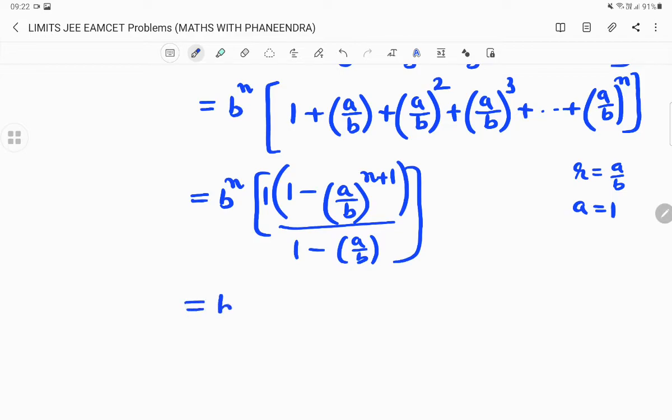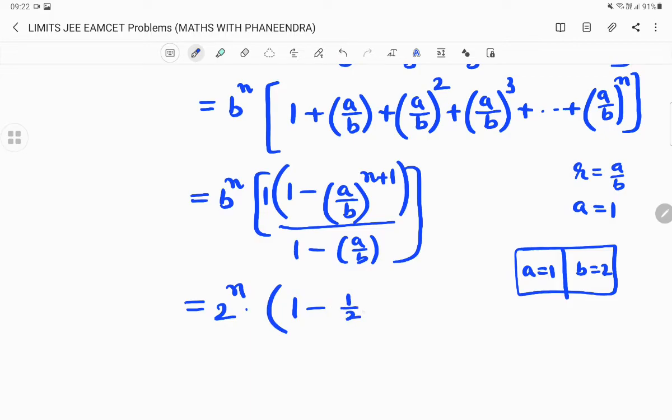So which is equal to b power n into, if you simplify this, a by b values, a is equal to 1 and b is equal to 2. So substituting there, you will get 2 power n into 1 minus 1 by 2 whole power n plus 1, divided by 1 minus 1 by 2.